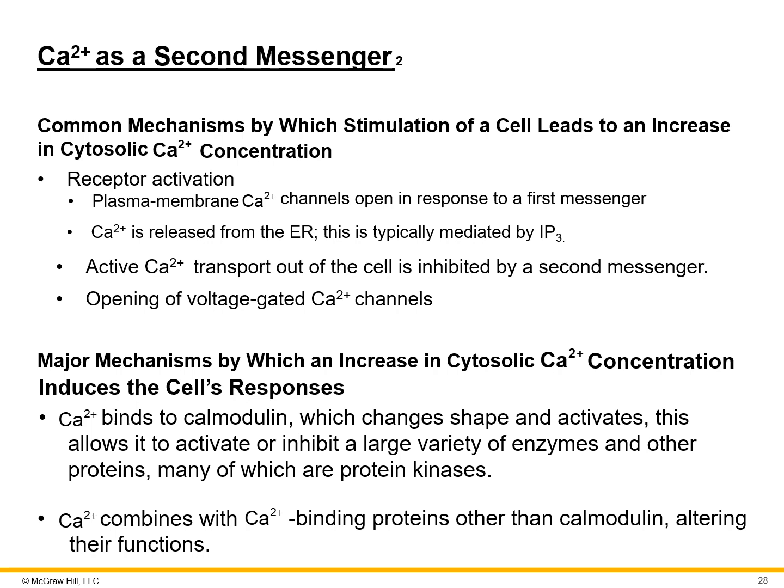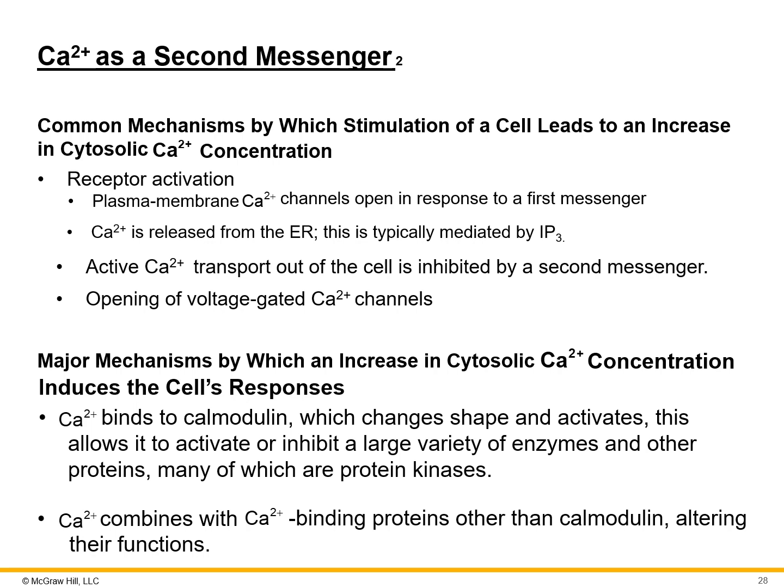So if you're needing to increase the amount of calcium in the cytoplasm, which is usually very low, these are things that can be done to make that process happen. It can be released from the ER, the endoplasmic reticulum. It can come in through voltage-gated channels. It can come in through calcium-specific channels.